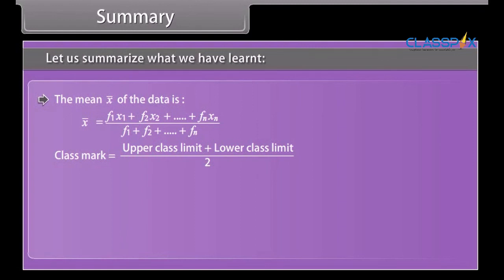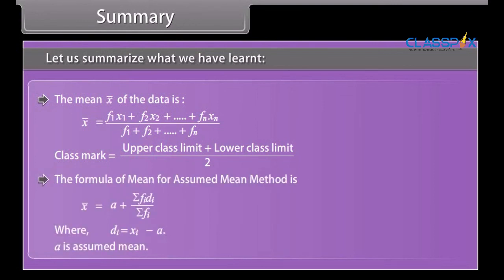Class mark equals (upper class limit plus lower class limit) upon 2. The formula of mean for the assumed mean method is assumed mean plus summation of the product of fi and di divided by summation of fi, where di is equal to xi minus a, and a is the assumed mean.